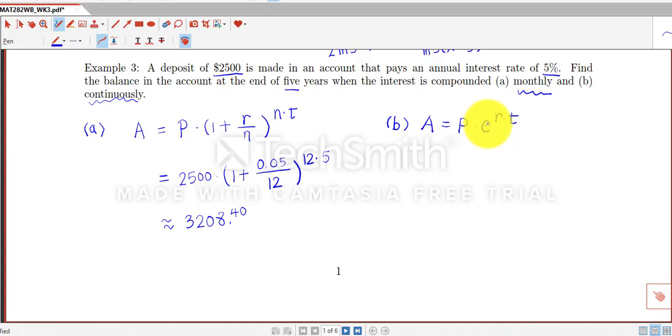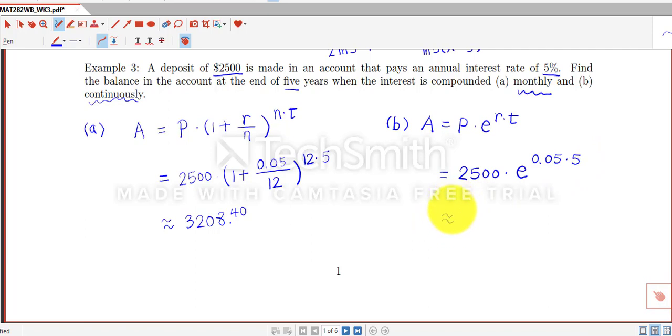How does this limit equal e to the r times t power? But for now, we can just apply the formula that we already know for modeling the interest for this problem. So again, P is the present value, $2,500, times the number e raised to r, which is 0.05, times t, which is 5 years.